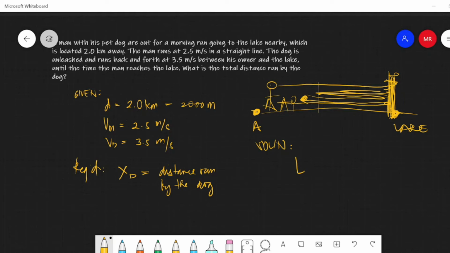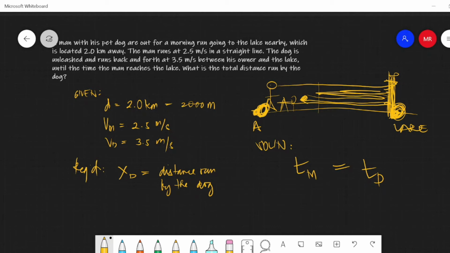The time of travel by the man is equal to the time traveled by the dog, because they both started at the same point at the same time and finished also with the same time.